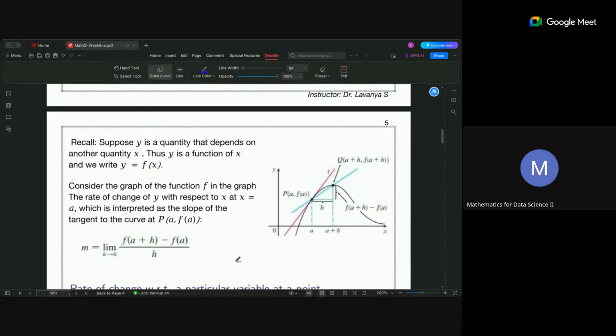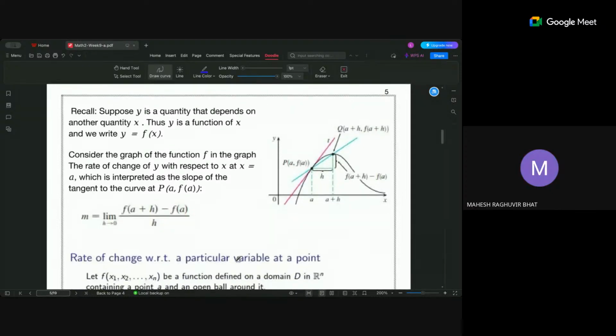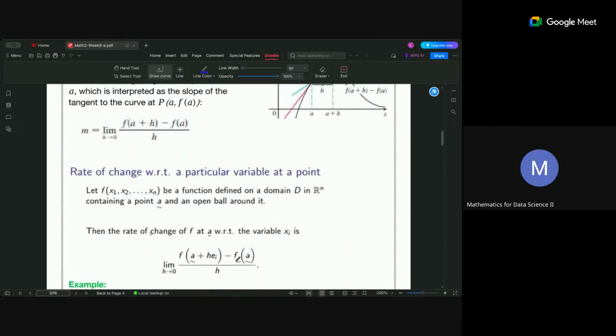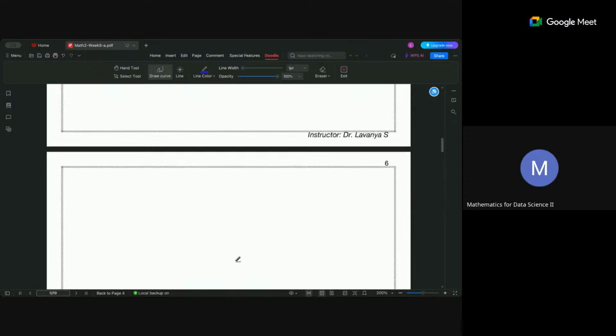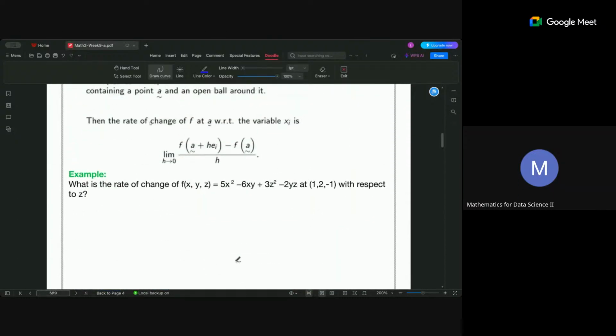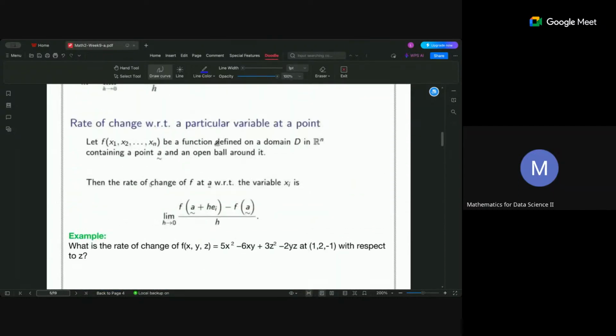The exact same thing is what we are going to see for multivariable functions also. As I told you already, we will not be able to visualize functions beyond R2. So that's why here I am particularly considering functions of R2 to explain it. First, just look at the definition, and then we will look at the explanation part.